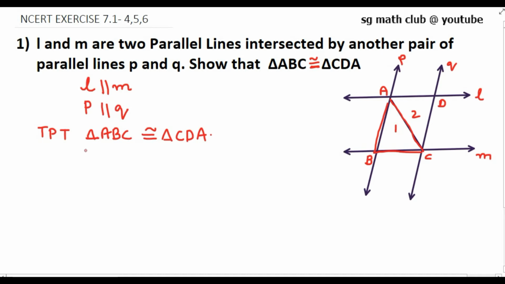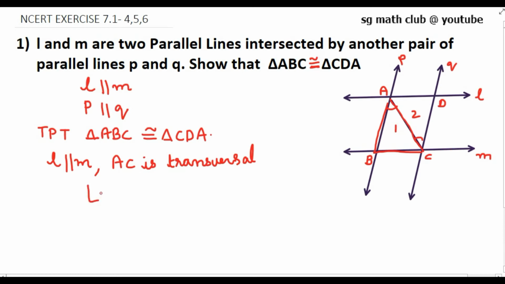Line L is parallel to line M. If you consider AC as transversal, we can see two alternate angles there. If these are parallel lines, these two are the alternate angles.